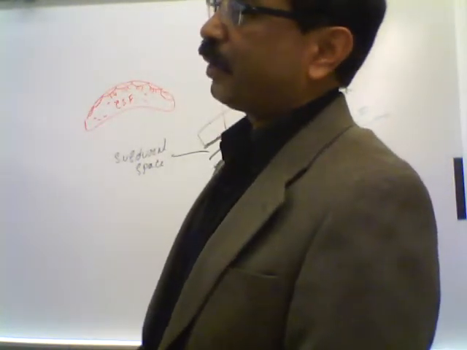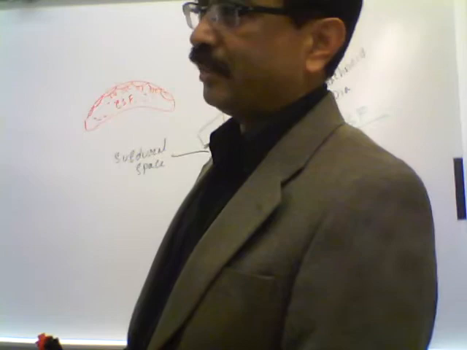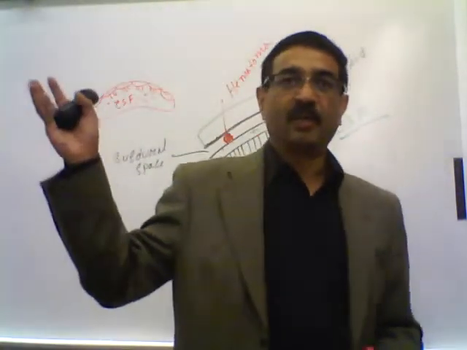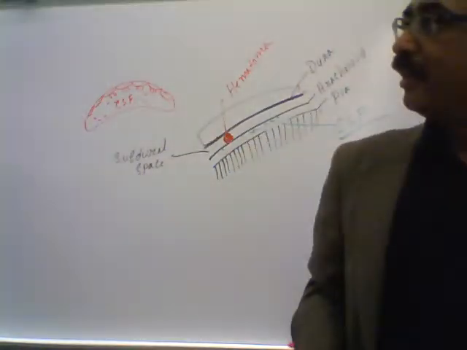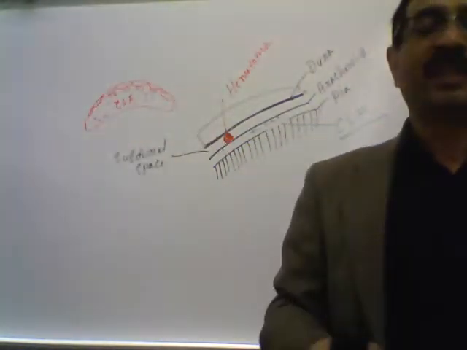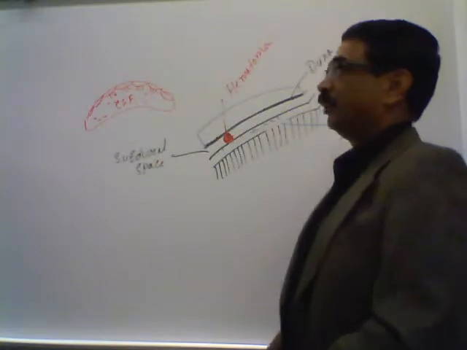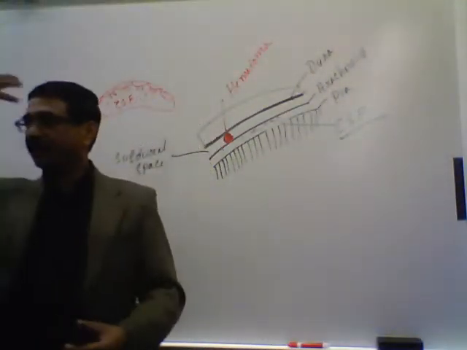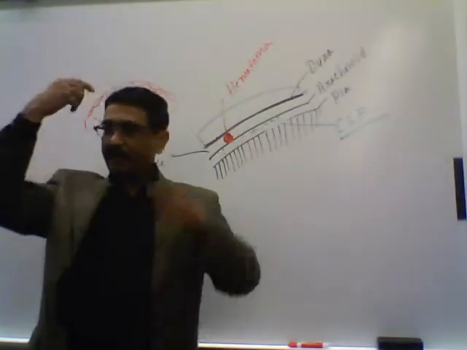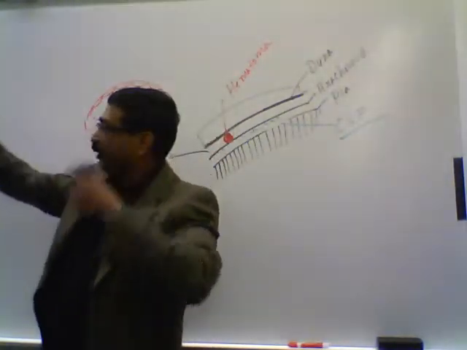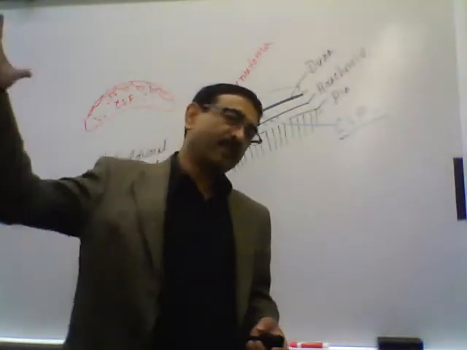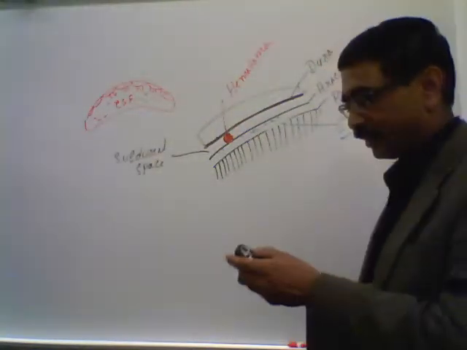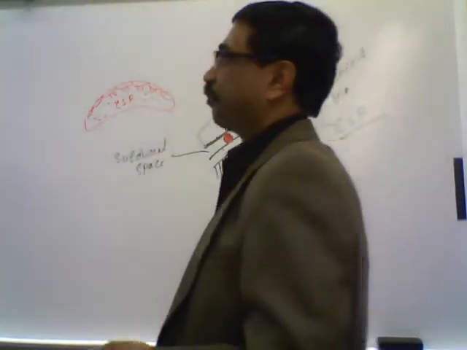Although the ventricles are located inside the brain, you won't be able to see them from outside, but if you want to see the location inside the brain, these two pictures are showing the locations of those ventricles inside the brain. If you see from the front like this, you can see how they are located in the left side. If you see from the side, how the ventricles are located, you can see in the right side picture.